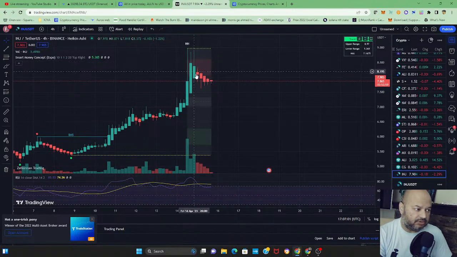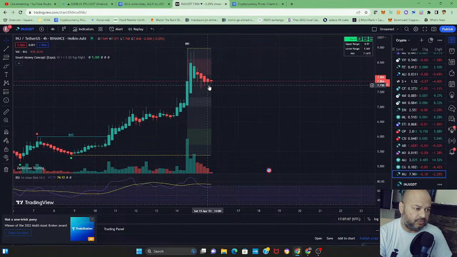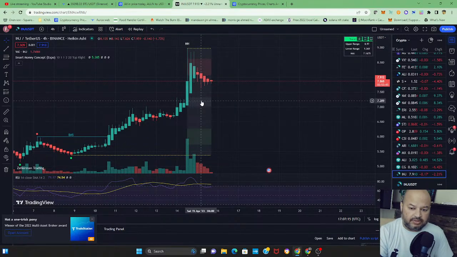The red zone is obviously the retracement zone. We always bounce back from that zone. Usually that's what this indicator shows. And this gray area in the middle is the area where we understand whether the coin is in bullish territory or bearish territory.